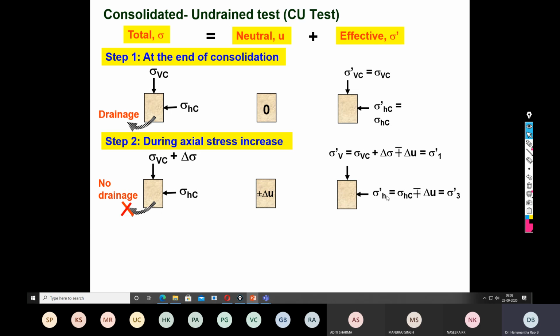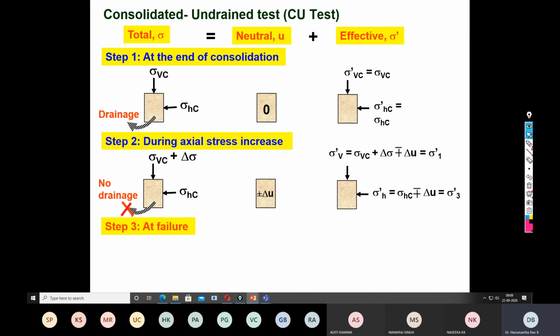Sigma h dash is nothing but the initial total stress plus or minus the increase in pore water pressure. So this is sigma 3 dash. Similarly, sigma v dash, sigma 1 dash, is the initially applied confining pressure followed by the increase in the overburden pressure, followed by the increase in positive or negative pore water pressure. So this is delta sigma 1 dash.